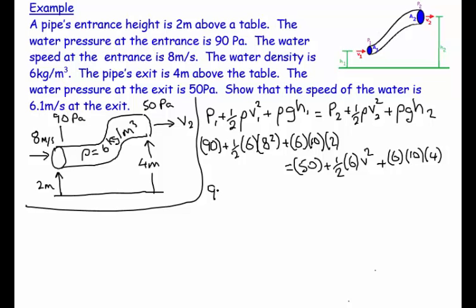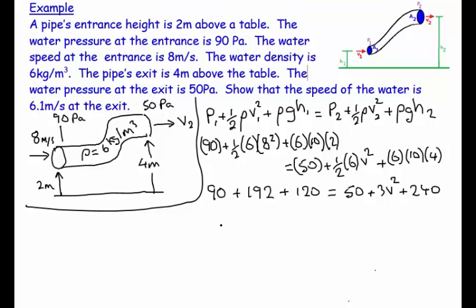So 90 plus, 8 8s are 64, 3 times 64 would be 180 plus 12, 192, plus 120 is equal to 50 plus 3v squared plus 240.